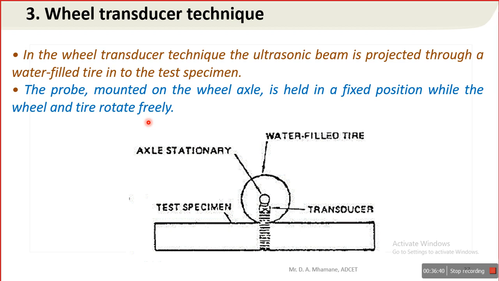So this method is useful to inspect petroleum tanks, gas vessels and pressure vessels, which are huge in length as well as height. These kinds of pressure vessels, which are high in volume and size, can be inspected with the help of this wheel transducer technique.